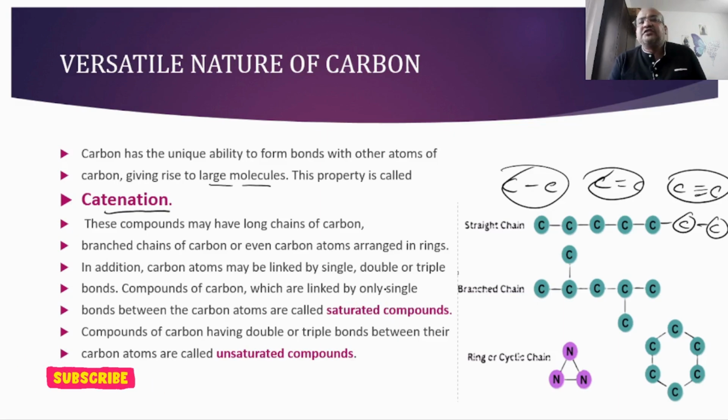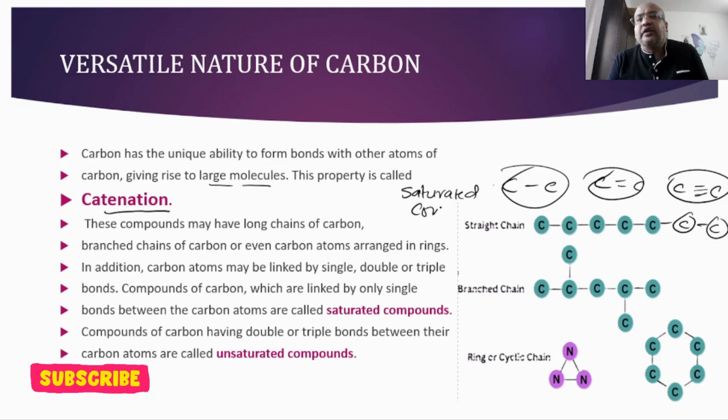Compounds of carbon which are linked by a single bond between the carbons are known as what? They are known as saturated compounds. And the compounds of carbon which have got a double bond or a triple bond are known as unsaturated compounds.